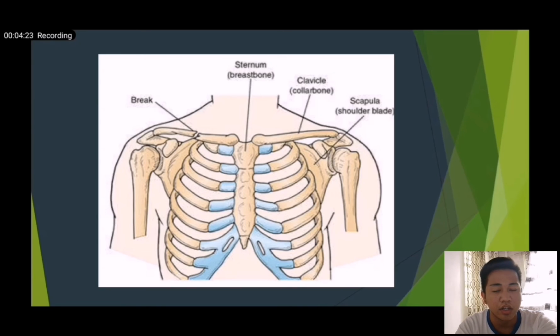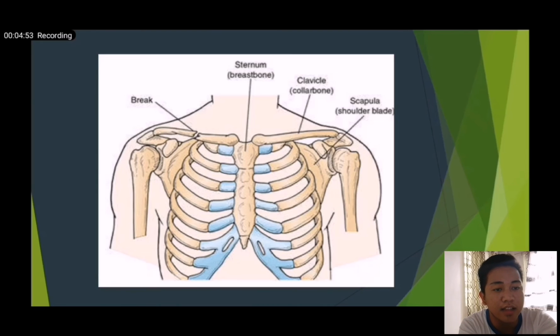Ayan. So if you are wondering how the pectoral girdle is attached, then makikita po natin dito sa picture na to. As you can see, there is this sternum. So actually, that point of attachment is the manubrium. Sa baba niya, yun yung sternum. Then yung parang sword niya, yun yung xiphoid process.